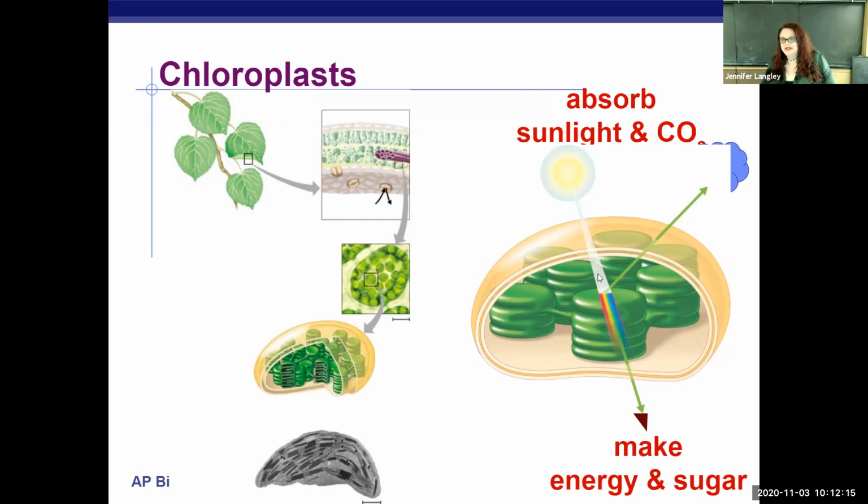As the light comes in, light hits and it's absorbing colors of light except for green. We're going to talk about that more as we go, but chloroplasts are absorbing different colors of light, but not green. They reflect green. Green light is not very helpful.